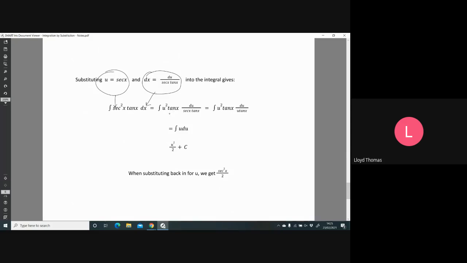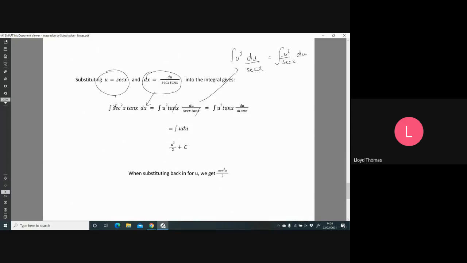So you'll have u squared du over sec x, which is the same as u squared over sec x du. But we don't know how to integrate this at all.